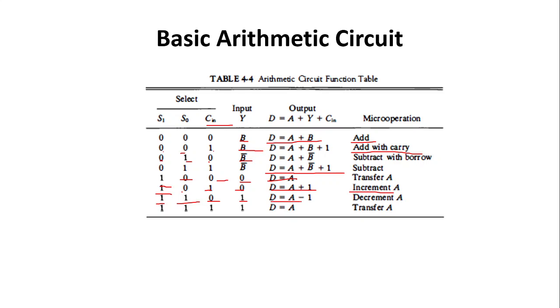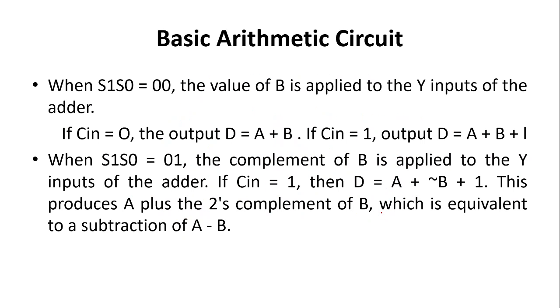This means D is equal to A minus 1 and it is a decrement of A. Next is S1 is equal to 1, S0 is equal to 1, Cin is equal to 1 and input Y is equal to 1. Then the output is D is equal to A. This means transfer the contents of A. So this is the theory about this.